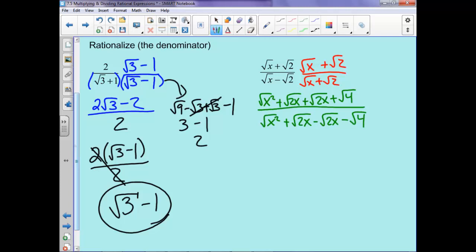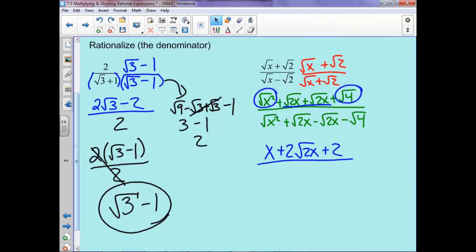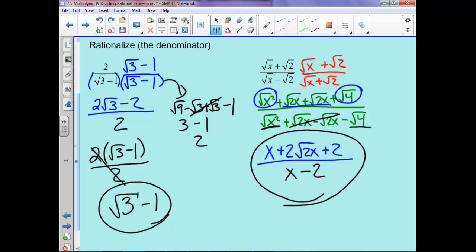So in our numerator, root x squared is just x. When we combine these two, we'll have 2 root 2x's. And the square root of 4 is 2. In our denominator, these will cancel. Square root of x squared is x, minus square root of 4 is 2. We can't do anything else, so we are done.